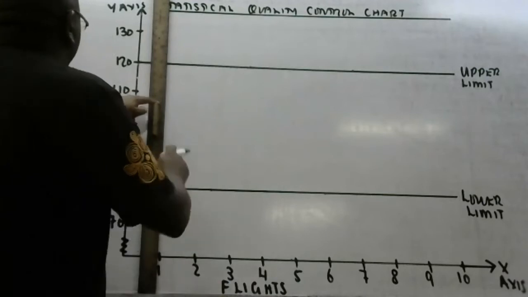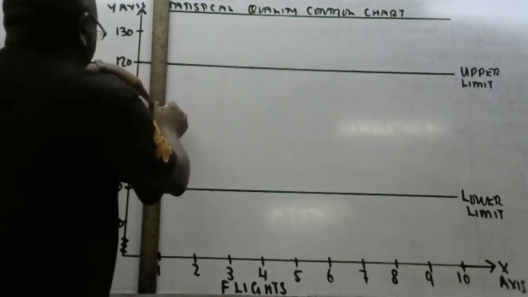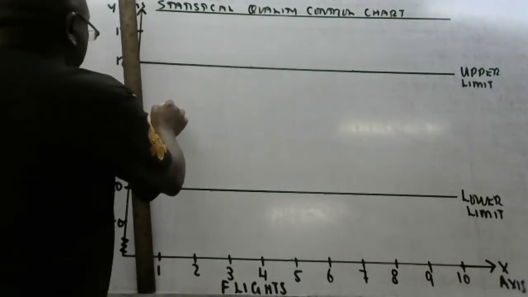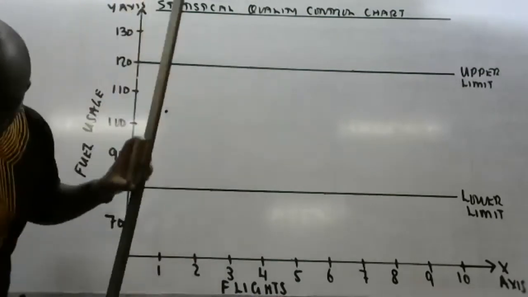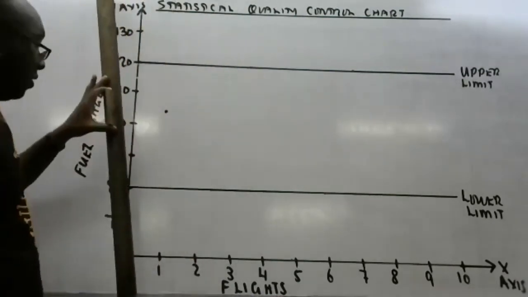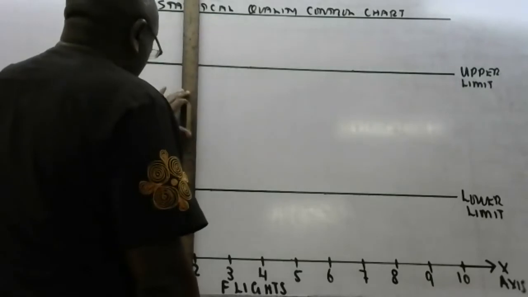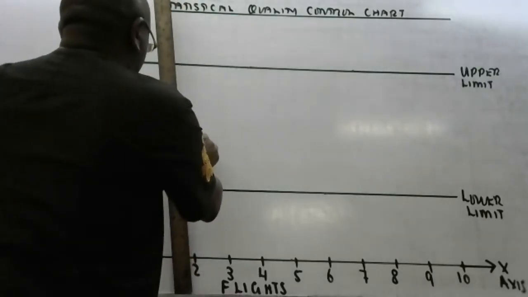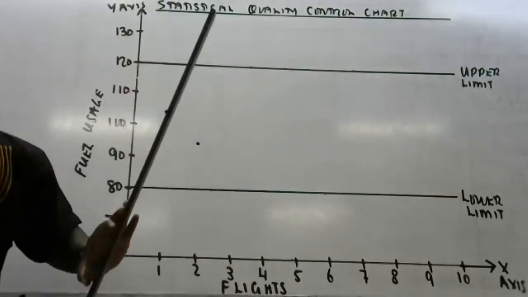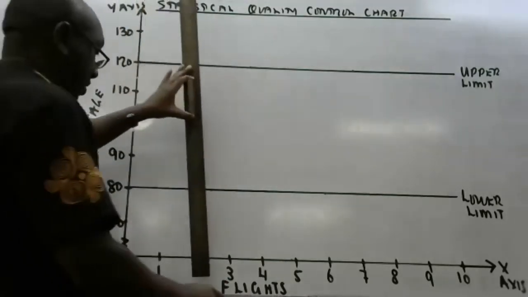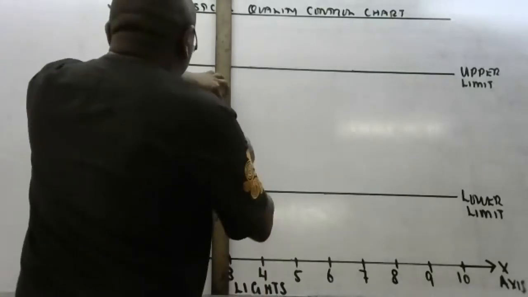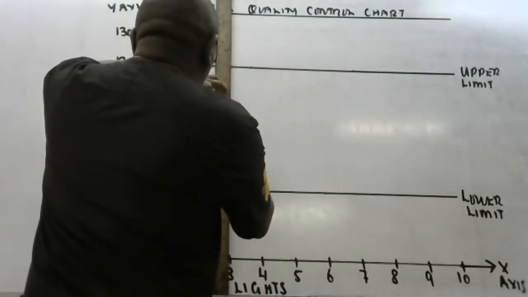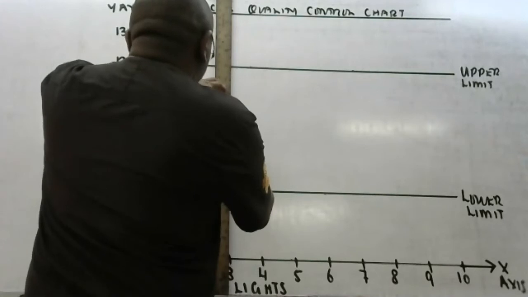So 104, my 100 is here, 105 is here. So that is 104. Huyo mwingine akona 94. So 95 is here. So 94 should be somewhere here. Huyo mwingine ni 97. Number 3 ikona 97. So 95 ikikuwa hapa, 97 is here.